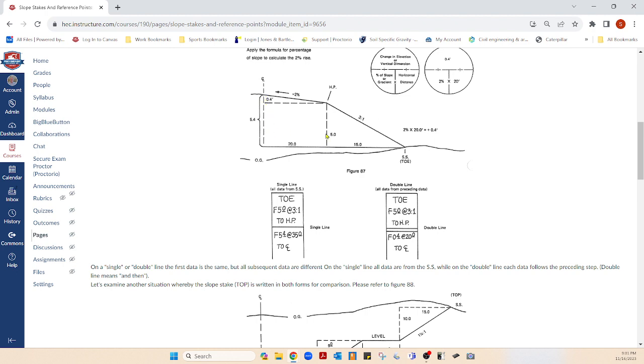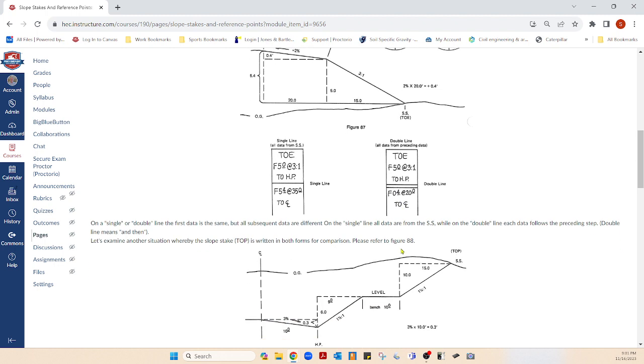So this becomes 5.4. So there's more needed on this stake. We just don't have it.